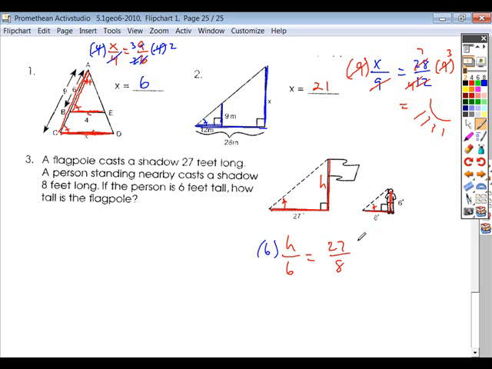Set up and solve this equation. Multiply both sides by 6. And once again, you can simplify what you have. 2 goes into 8 4 times, 2 goes into 6 3 times. There's no other common factors here. So when you multiply across, you get 81 over 4. And then you can convert that into decimal form in order to solve.